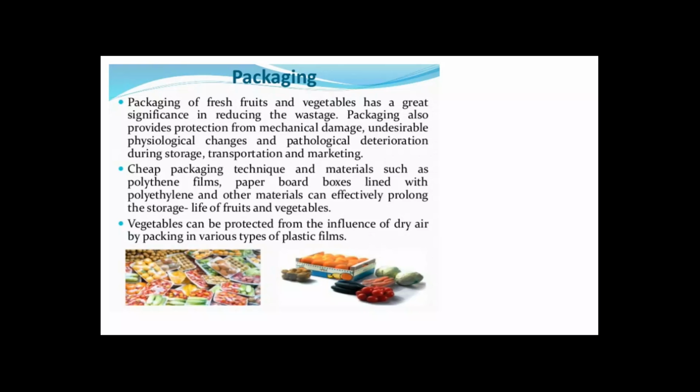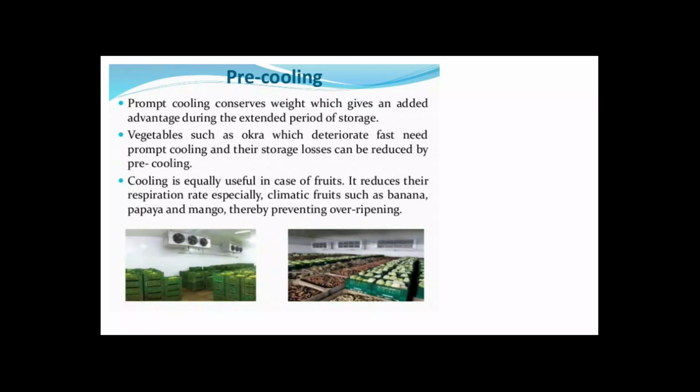So polythene film, paperboard, boxes lined with polythene and other materials can effectively prolong the storage life of fruit and vegetables. There's quite a few. Then you have pre-cooling. When cooled, the plant will respire at a lower rate and therefore stay fresher for longer.